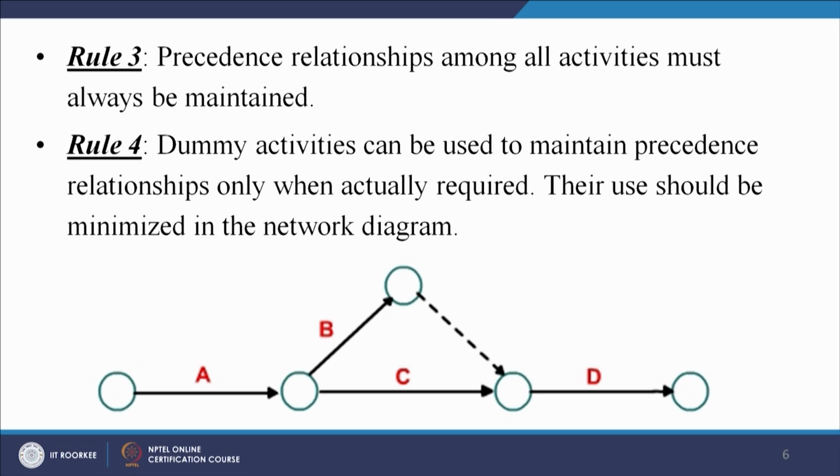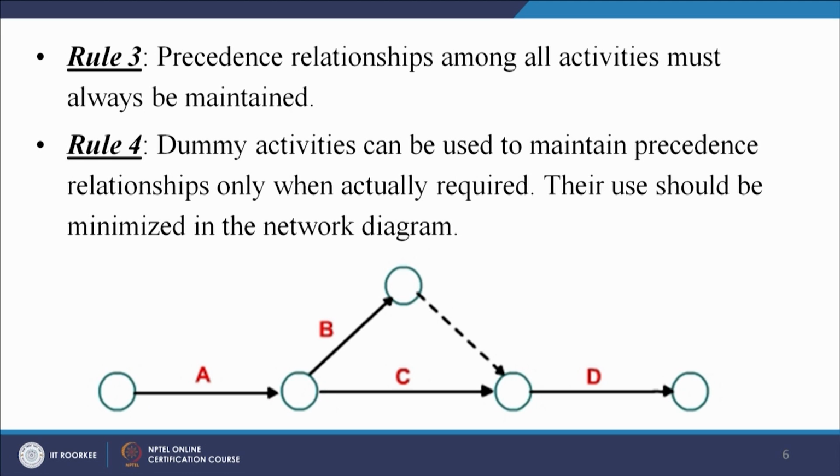Rule 4. Dummy activities can be used to maintain the precedence relationships only when actually required. Their use should be minimized in the network diagram. Many times I have seen the learners make very liberal use of the dummy activities, which is not allowed or which is maybe not right from the calculations point of view.